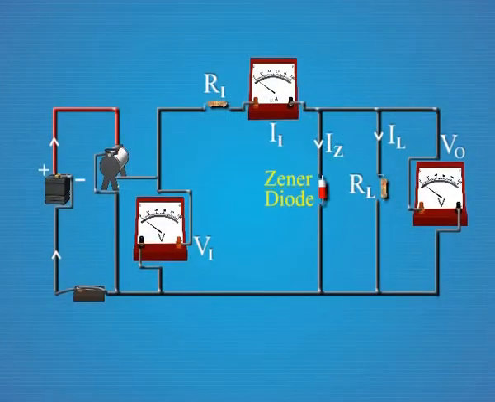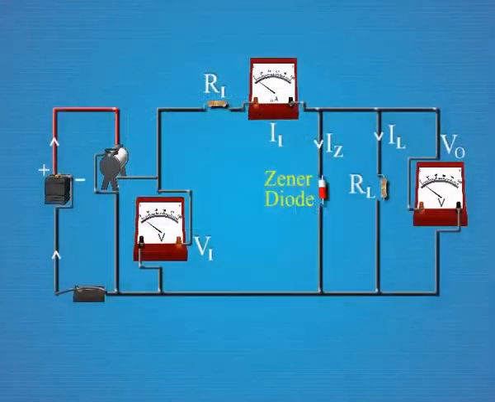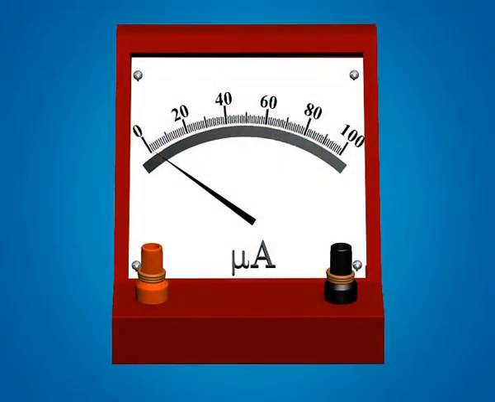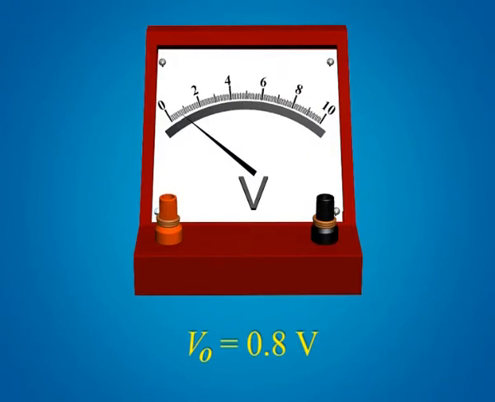As input voltage Vi is further increased, input current Ii starts increasing, and output voltage Vo becomes less than input voltage Vi.